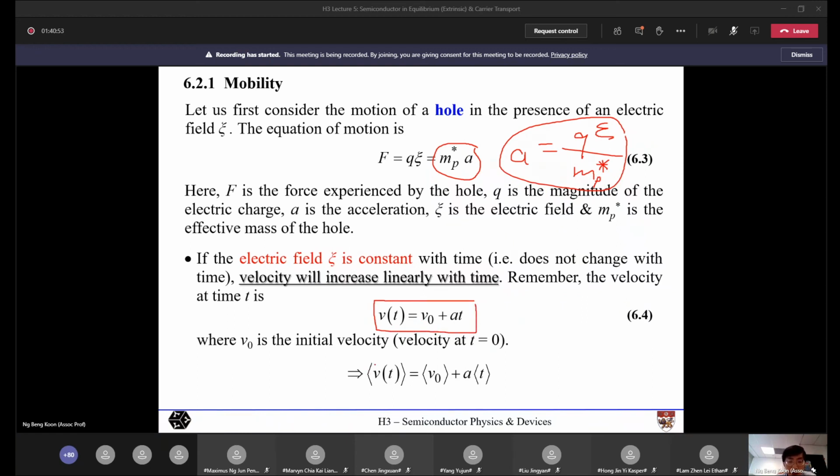If you take the average, which is represented by this bracket here, so if you take the average of the velocity on the left-hand side, you get some average quantity of the velocity in which the hole is moving, and the average of this v0 plus at, we can split it up to the average of the initial velocity. The acceleration here is essentially a constant because the electric field is a constant, so we can take that out as a constant, and it's just the average of the time that you can move freely.